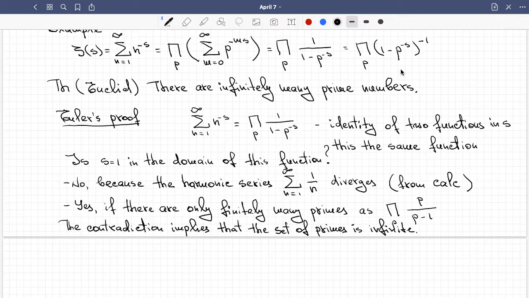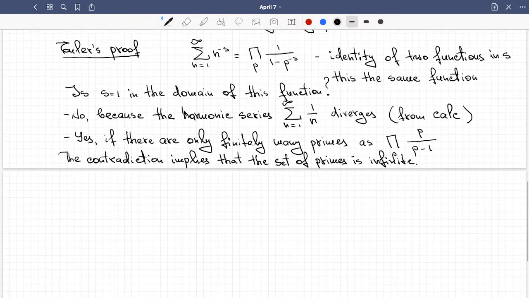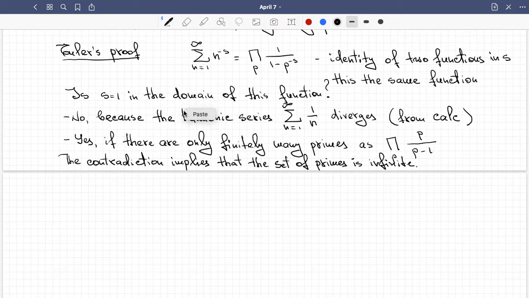You may well ask me, why did I use s to be 1? See, if you take not 1, but something negative, say, then the series on the left diverges even more strongly. So, some remark.